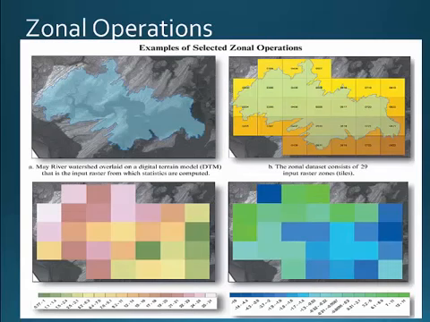The zonal tools allow you to perform analysis where the output is the result of computations performed on all cells that belong to each input zone. A zone can be defined as being one single area of a particular value, but it can also be composed of multiple disconnected elements or regions, all having the same value. Zones can be defined by raster or feature datasets.